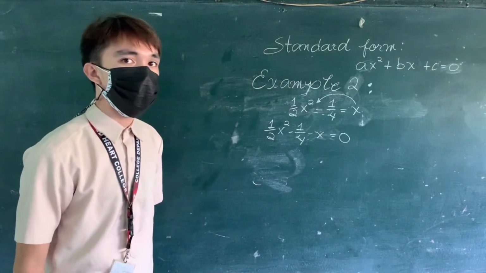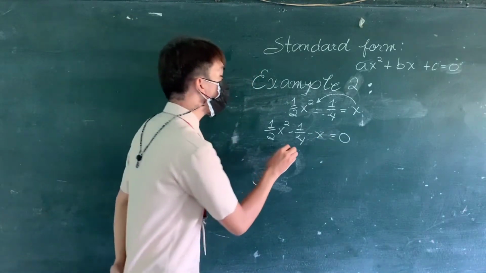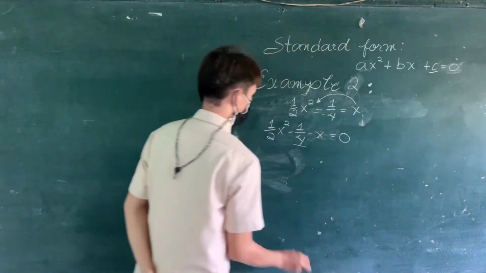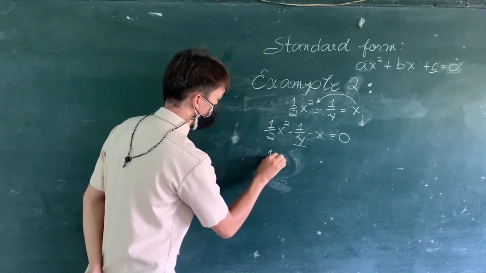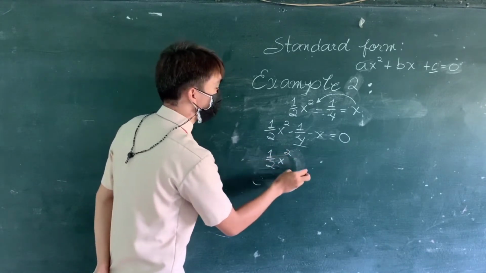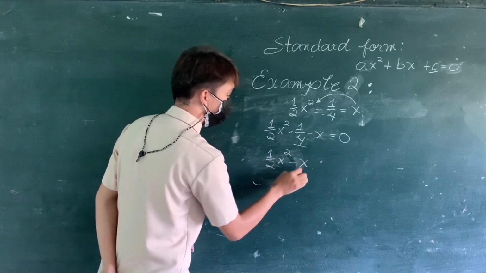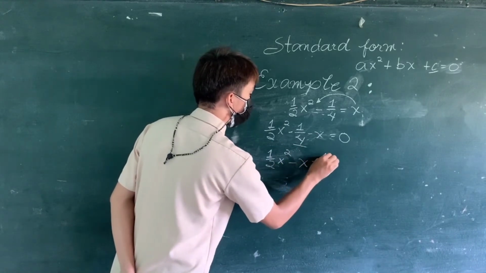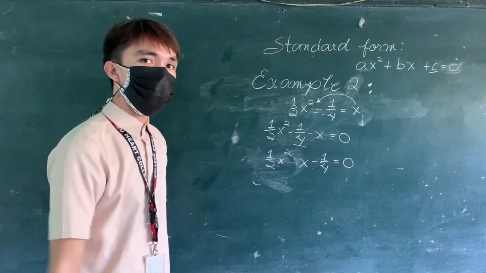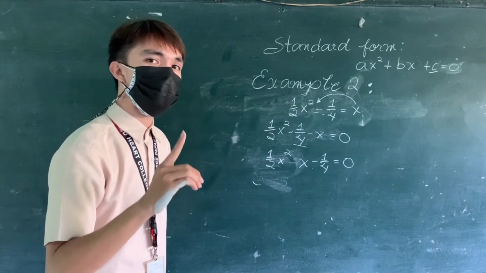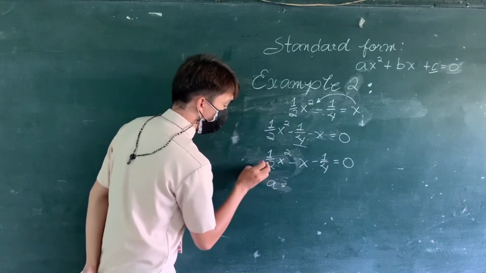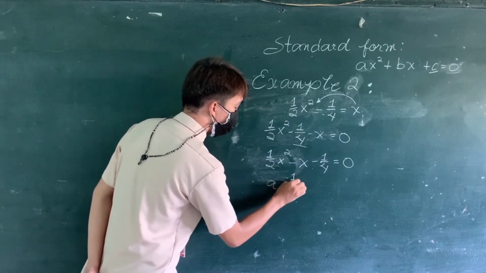Is it arranged already? Not yet. You have to put the constant, the letter c, last. So we have 1/2 x squared, which carries the second degree, followed by the variable x, and then the constant negative 1/4 equals 0. Now, what are the values of a, b, and c? Start off with a. The value of a is equal to 1/2.